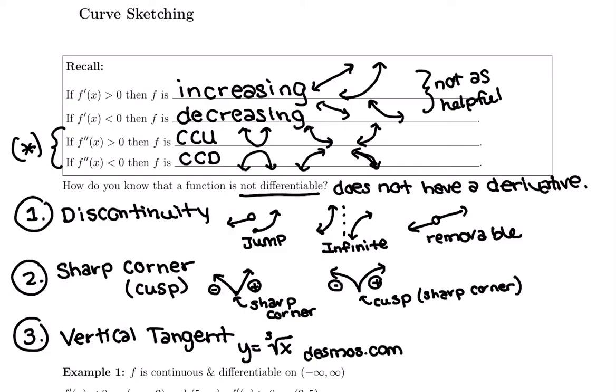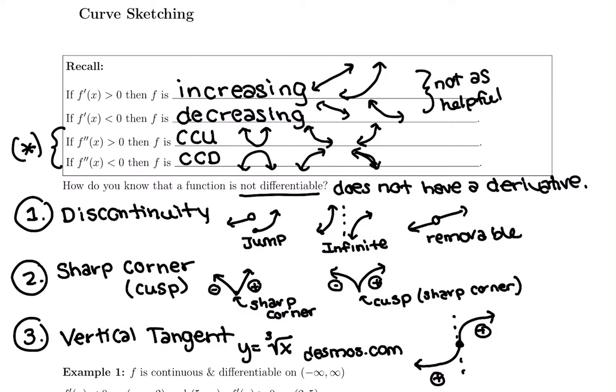We've looked at this a couple times, and if you type in x to the 1/3 or the cube root of x, the graph looks like this. It goes from increasing to increasing, and at this point here, it's basically going straight up. So it has a vertical tangent line, so we can't find the derivative there. The slope would be undefined. It goes up too quickly.